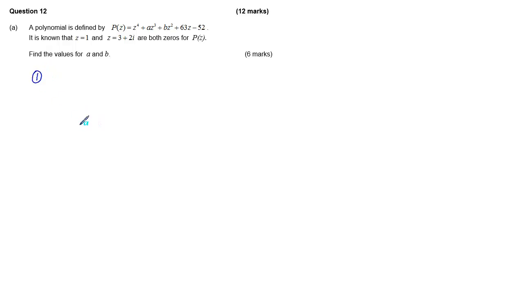The first method is that we know that p of z has 4 zeros because it's a z to the power 4. Now z equals 1 is a 0.